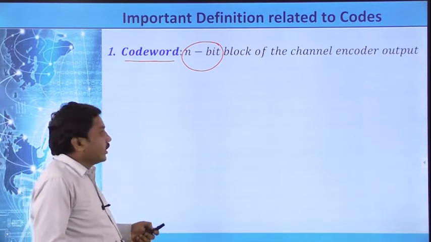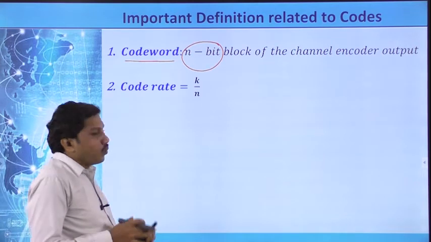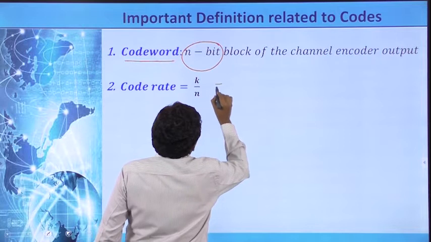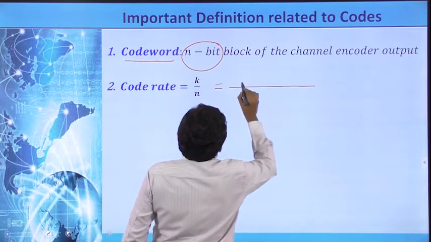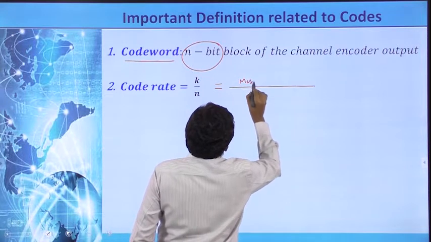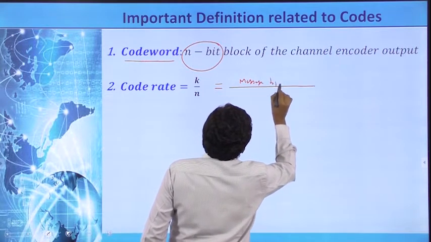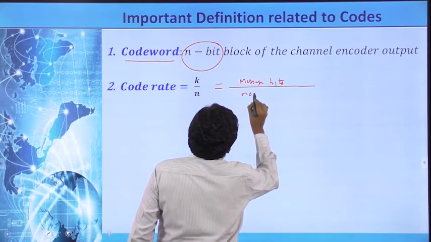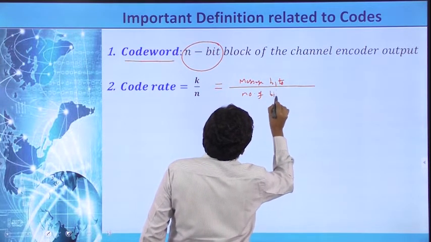The second definition is code rate, which is equal to k by n. What do you mean by k? k is nothing but the message bits, whereas n is the number of bits in the code word, or the length of the code word.